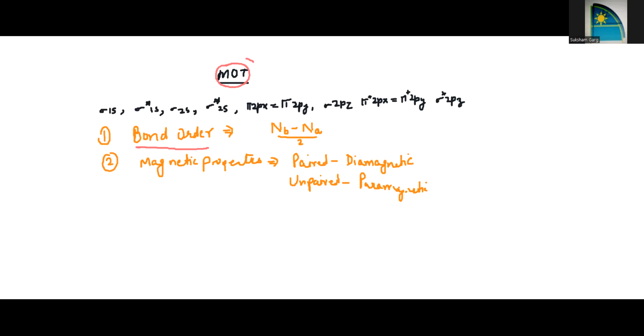That we can find by using molecular orbital theory. Second, we can have a fair idea about the magnetic properties of the molecule. If all the electrons are paired, it will be diamagnetic. If at least one electron is unpaired, the molecule would be paramagnetic by nature.